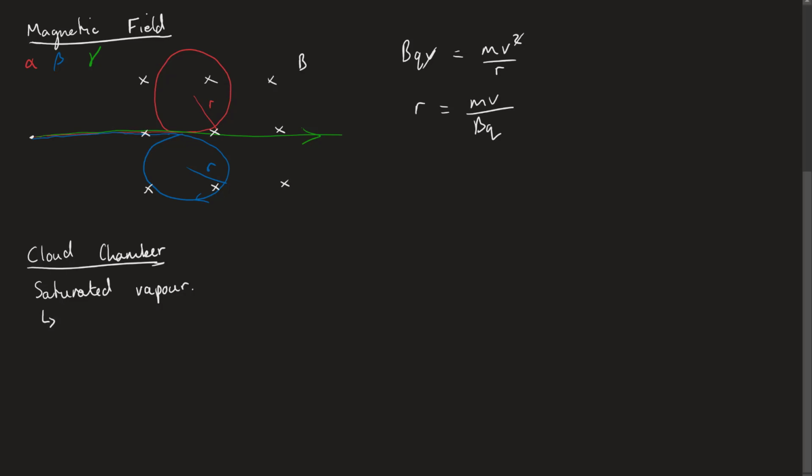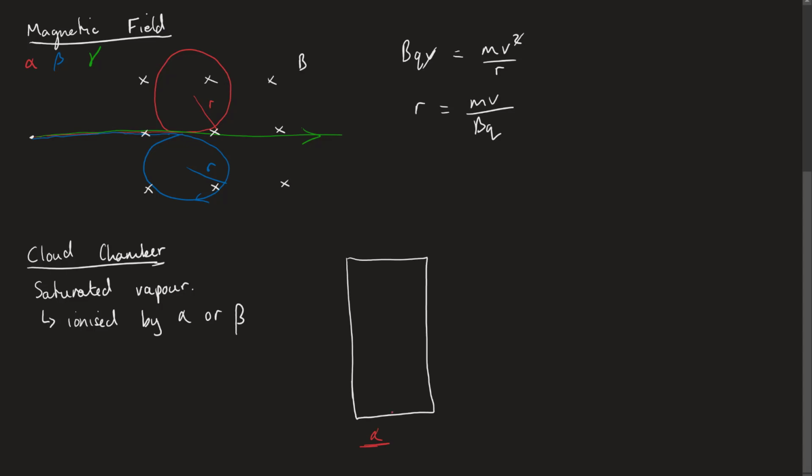So if we say that the saturated vapor is ionized by alpha or beta radiation, we can first have a look at this cloud chamber from above, and let's say that we have just alpha particles. This is the path that alpha particles would take.